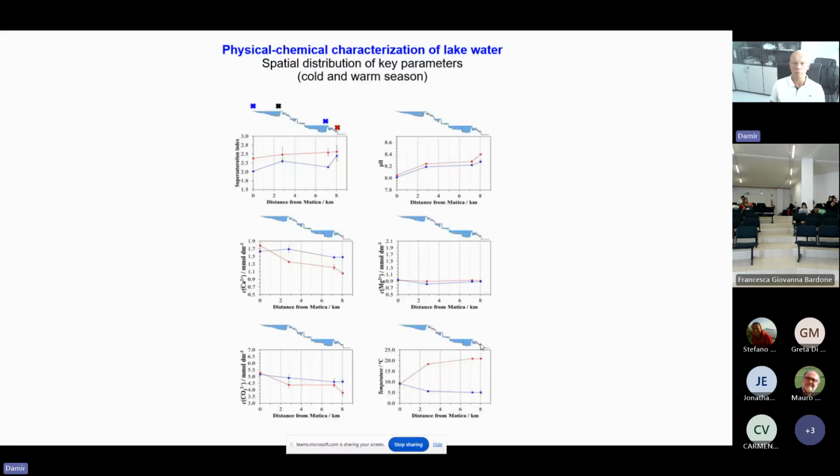Spatial distribution of key parameters shows that there is a difference between the cold and warm season. The red one is the warm season. It is possible to see that the first point is a point where no precipitation has been obtained so far. The supersaturation increased along the system, and it is highest at the outflow from the system. pH also increased.